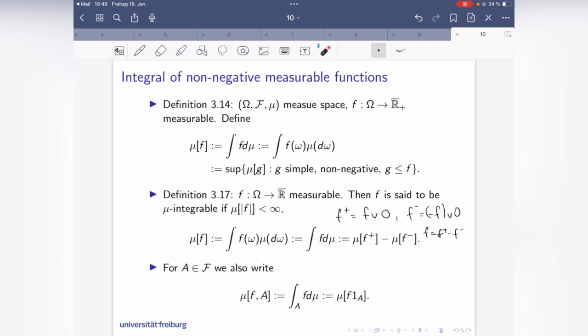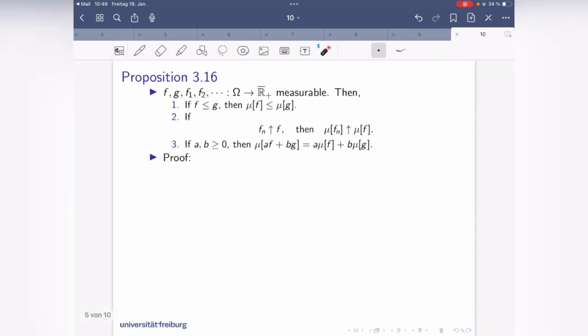Okay, let's make the first proposition on these definitions. Here I only have functions which take non-negative values. First of all, monotonicity. It's inherited from the integral of simple functions, so that should be okay. Linearity also is inherited from the simple functions, so that should also be okay.